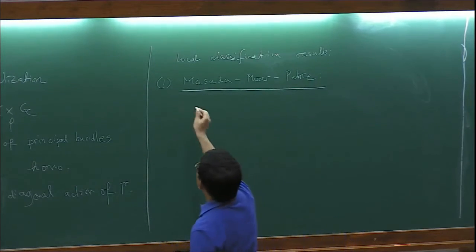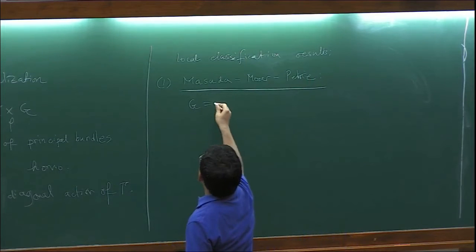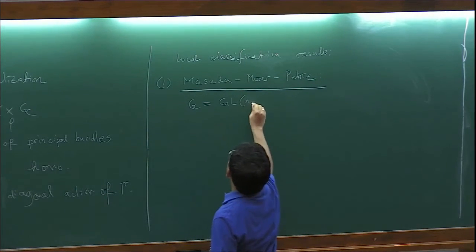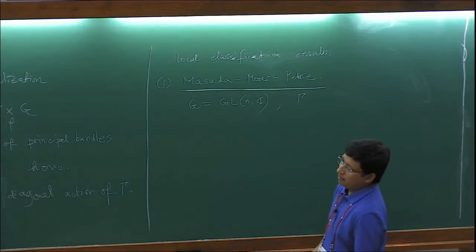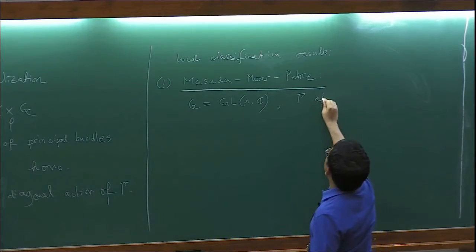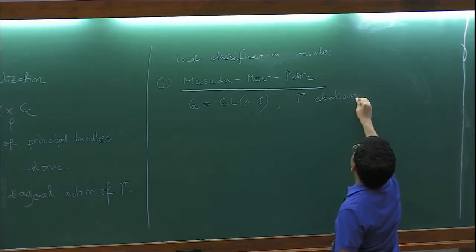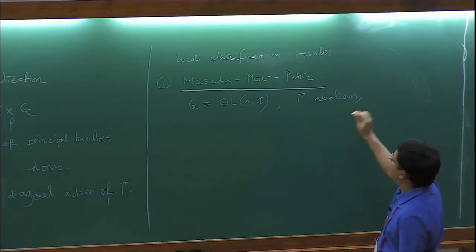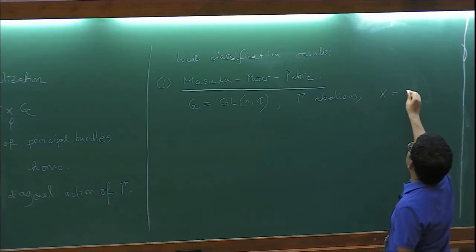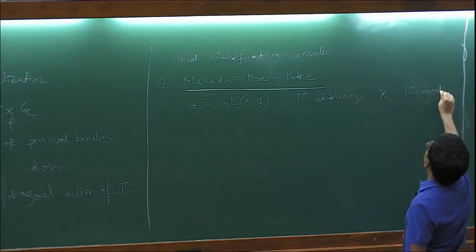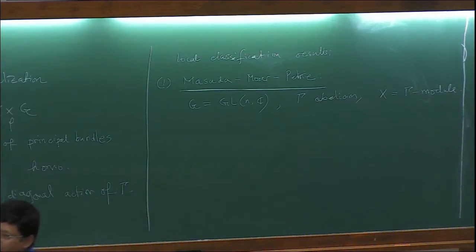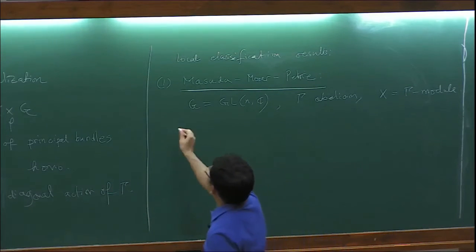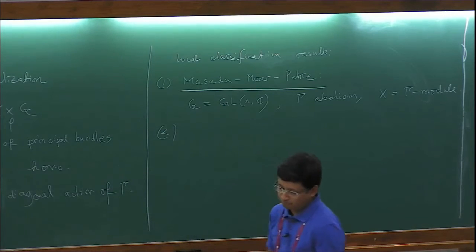So they had G equal to GL and C, and gamma is abelian, and X is a gamma module. So in that very special case, they had a trivialization result, which was actually some nice paper.